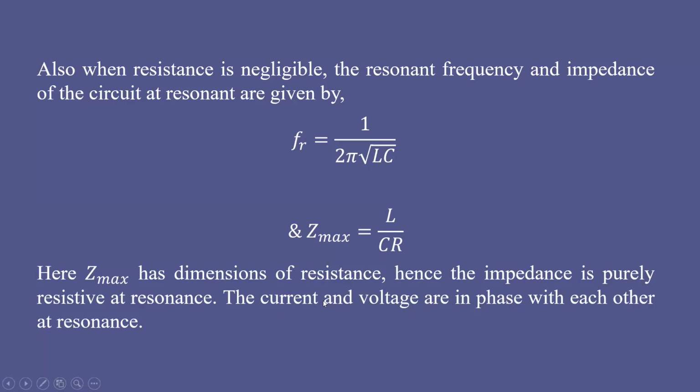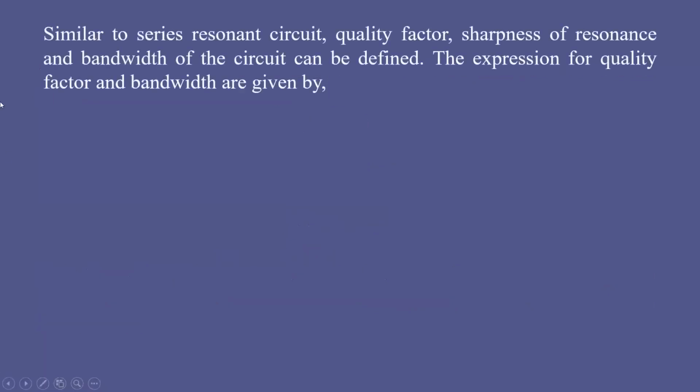Okay, this is the frequency at which resonance occurs. And at resonance, impedance becomes maximum, and that has the value L by CR. And what is the phase difference between voltage and current? That is 0. The current and voltage will be in phase with each other at resonance.